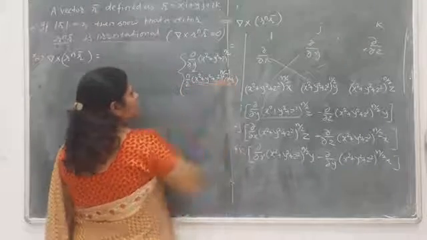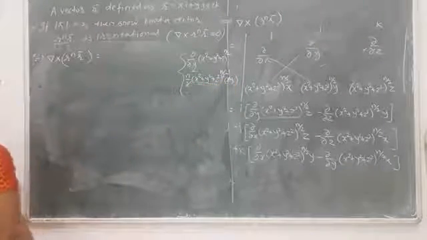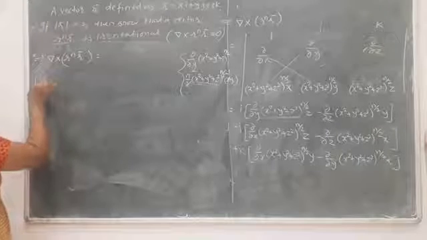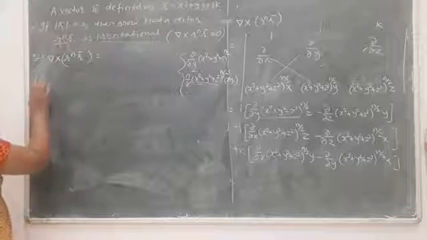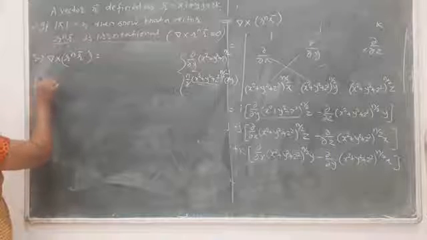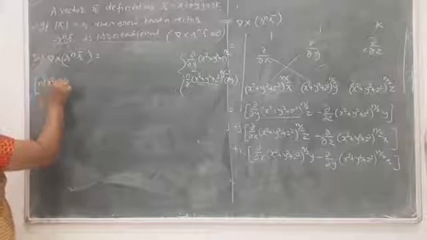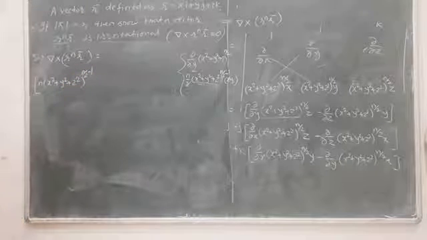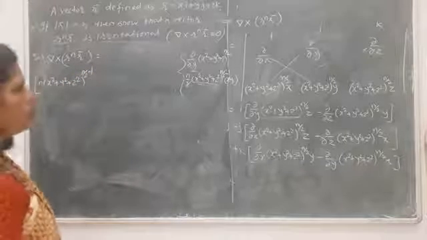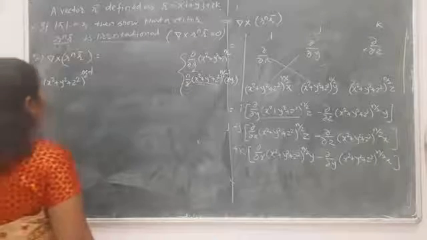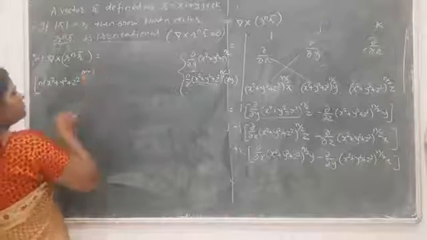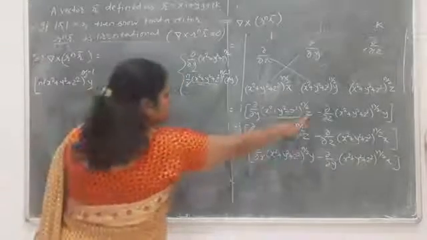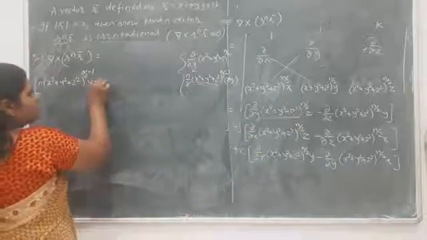Then again the 2 gets cancelled. So how do we write? In the first term we write n into x square plus y square plus z square raised to the power n by 2 minus 1 into y, and here is a z because it is in multiplication.